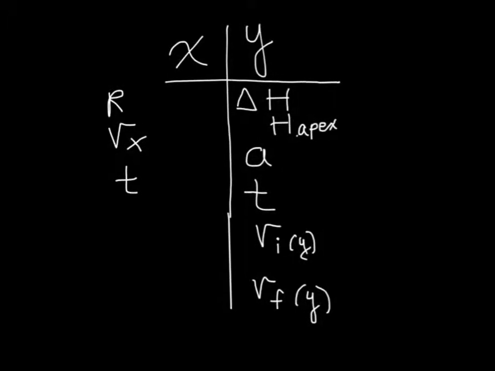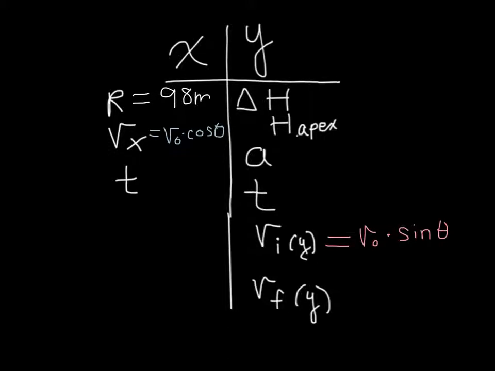Okay, so from my previous slide, I do know that this is equal to V naught times sine of theta, and I also know that Vx is V naught times cosine of theta. Other pieces of information that I'm given are that the range is 98 meters.